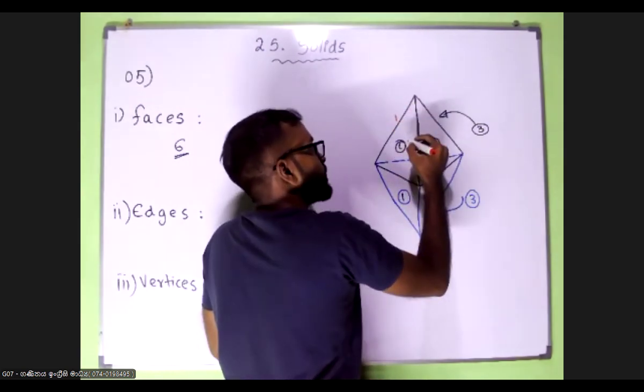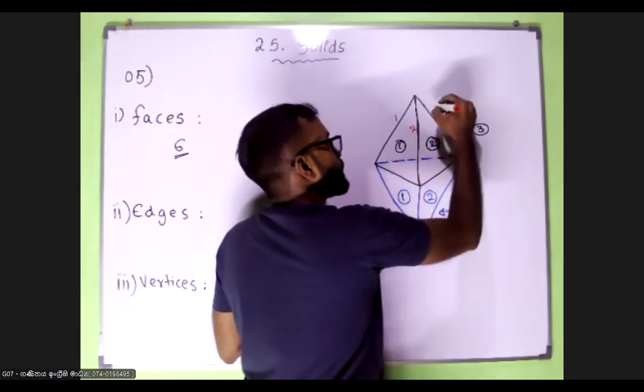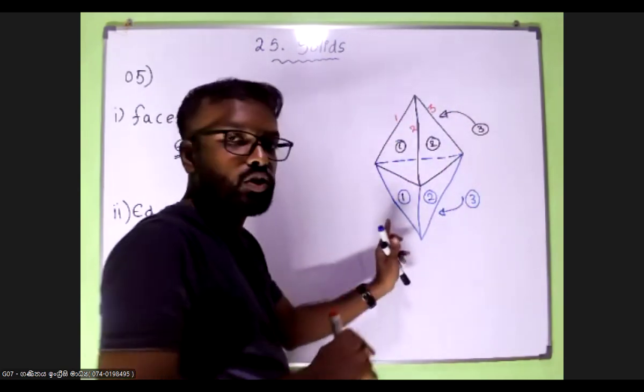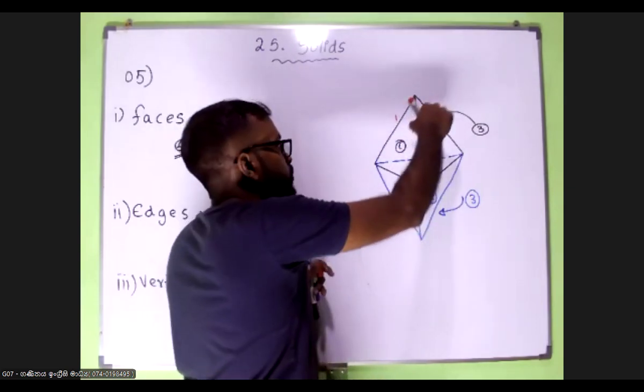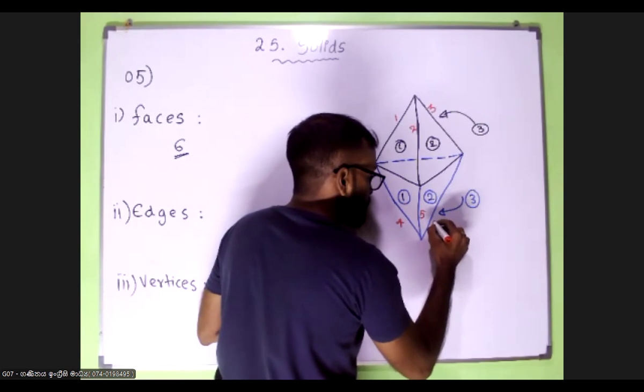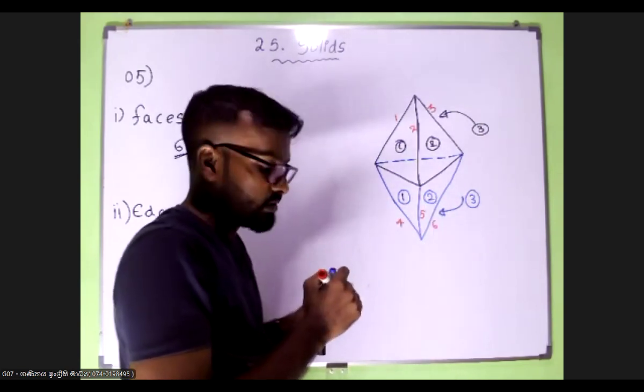First edge, second edge, third edge. Likewise, we have 3 edges in the bottom. 1, 2, 3, 4, 5, 6. Now there are 6 edges.